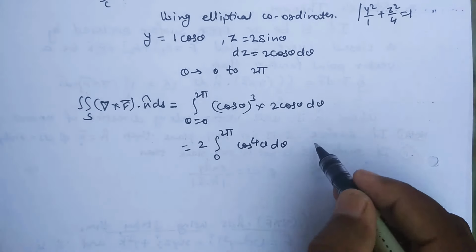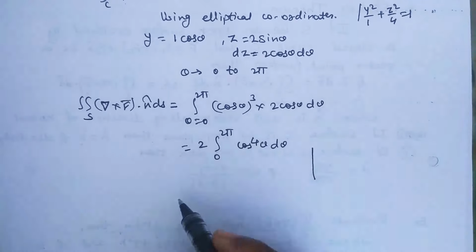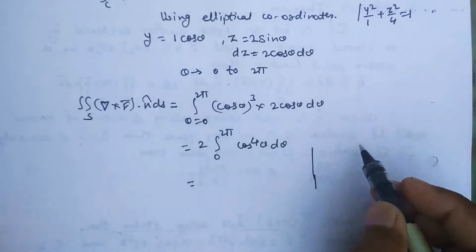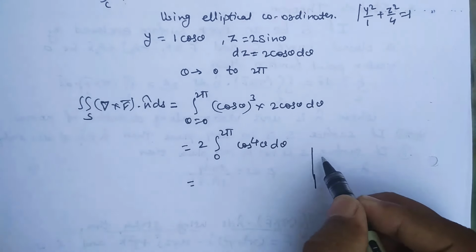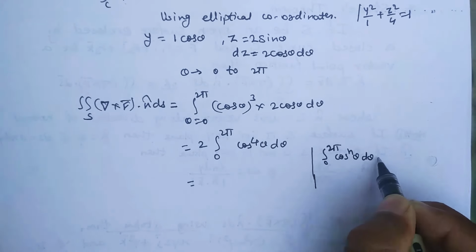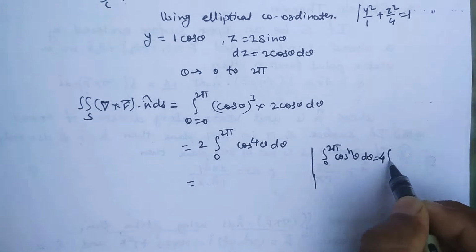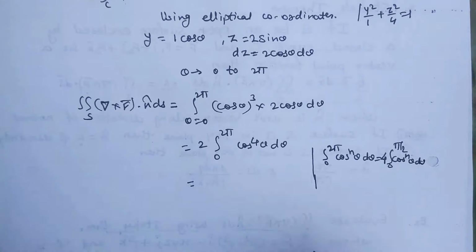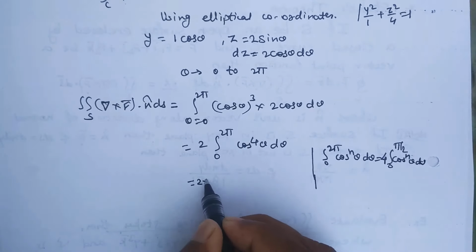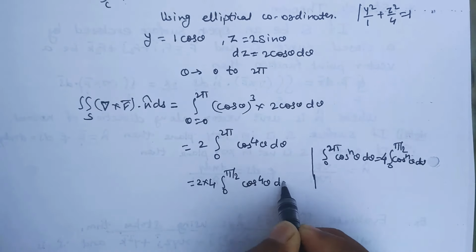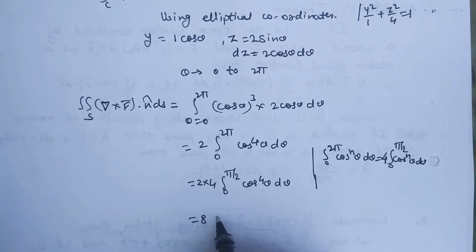Now here we have to use the conversion and reduction formulas. First the conversion formula: integral 0 to 2 pi of cos to the power n theta d theta equals 4 times integral 0 to pi by 2 of cos to the power n theta d theta. So we get 2 into 4, which is 8 times integral 0 to pi by 2 of cos to the power 4 theta d theta.